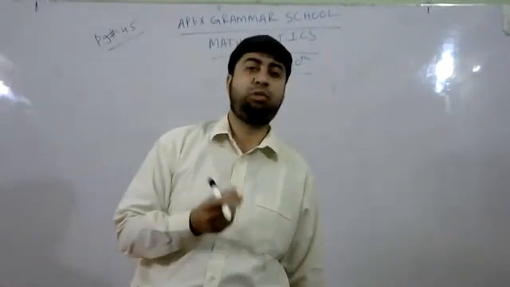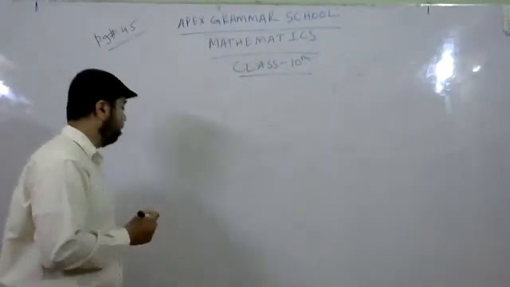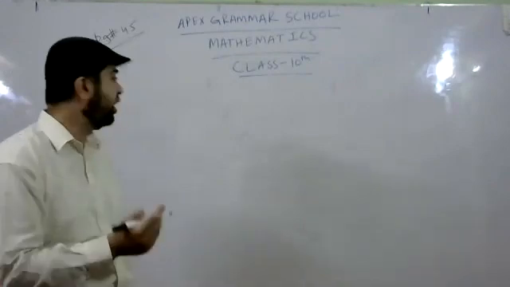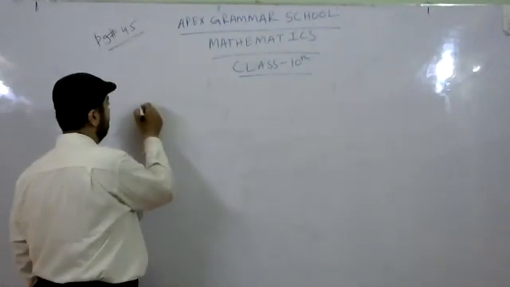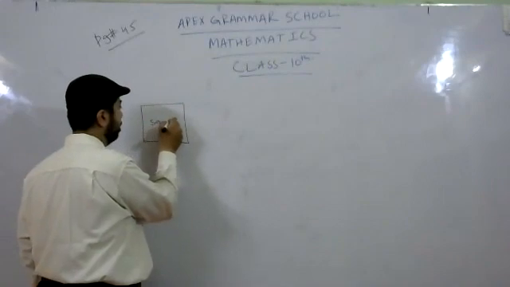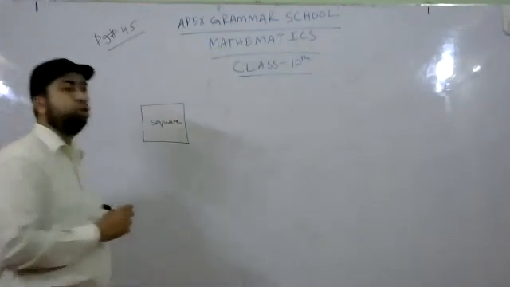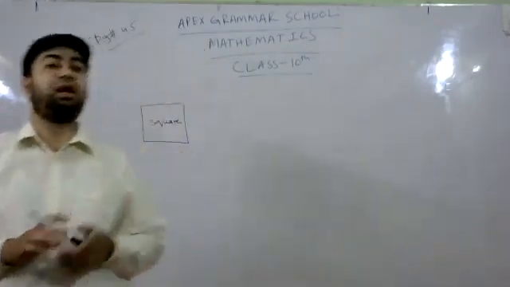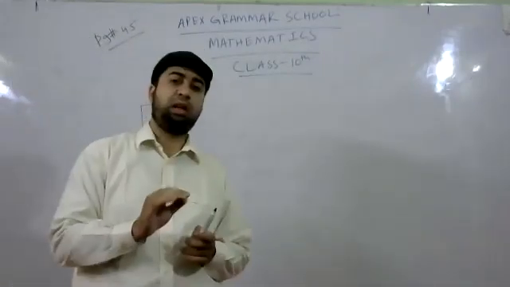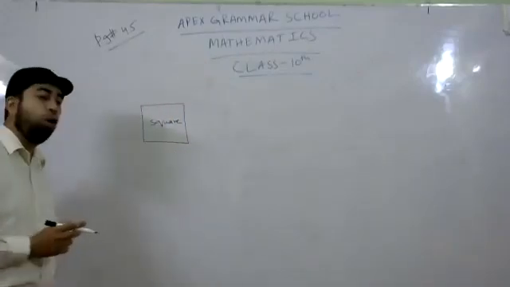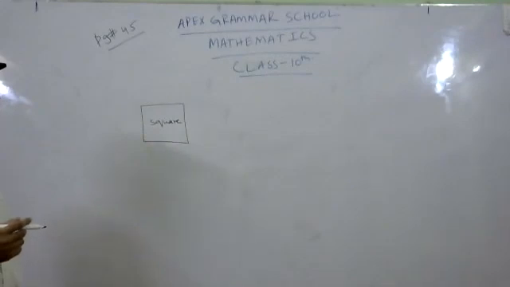I'm sure you have done this in previous classes. What is the perimeter of any shape? Suppose we have a shape of a square. A square is a rectangular-type, four-sided closed shape, whose all sides are equal. This is a square. So, what is its perimeter?